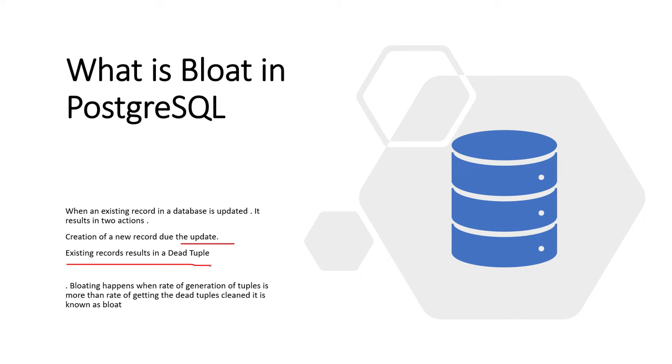And if the rate of accumulation of the tuples in the database is more than the rate of removal, it results in those dead tuples keeping on accumulating. So that is known as bloat.